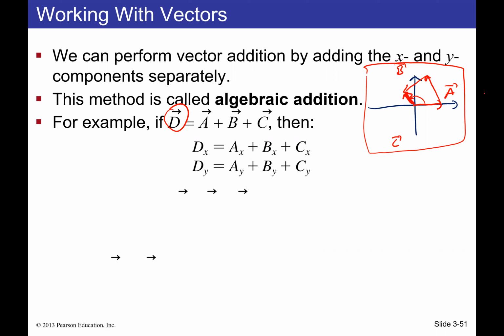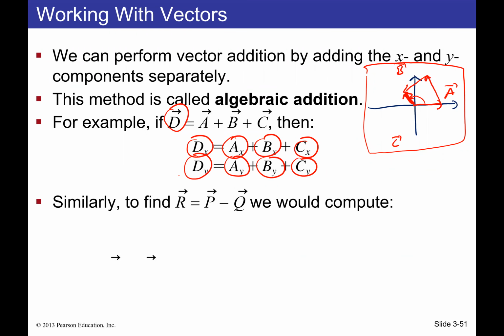I can add all the X components, because they're all on the X axis, parallel to one another. So I can add all the X components together, and what I get is the X component of the resultant. Then I can add all the Y components together, and what I get is the Y component of the resultant.